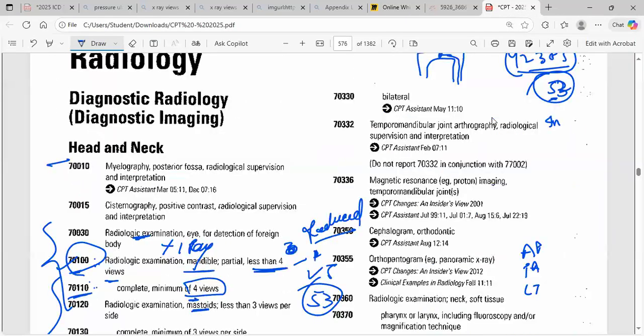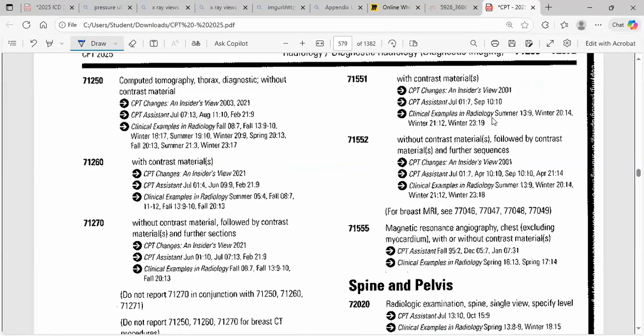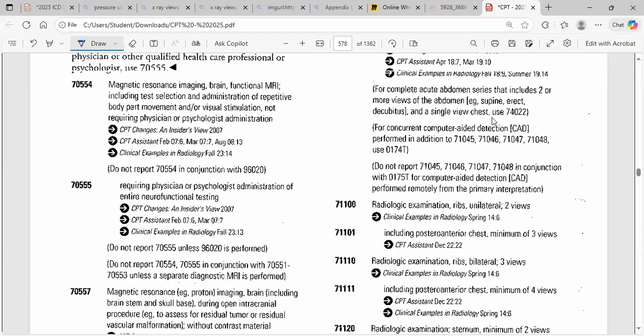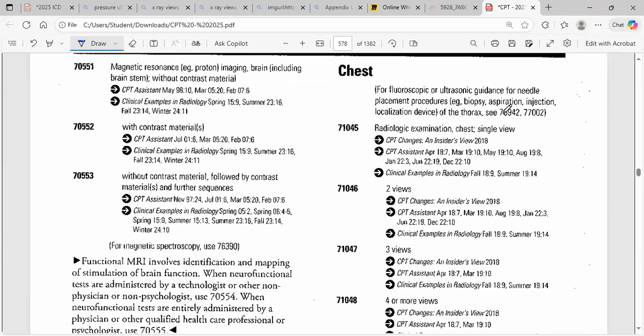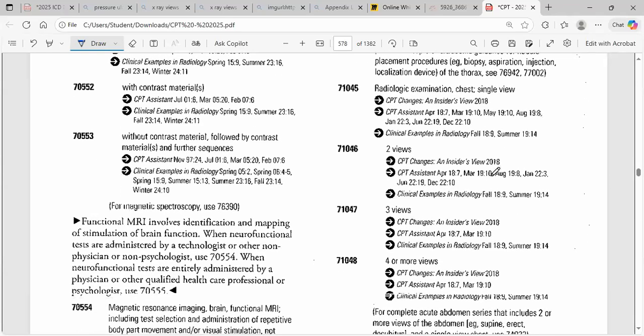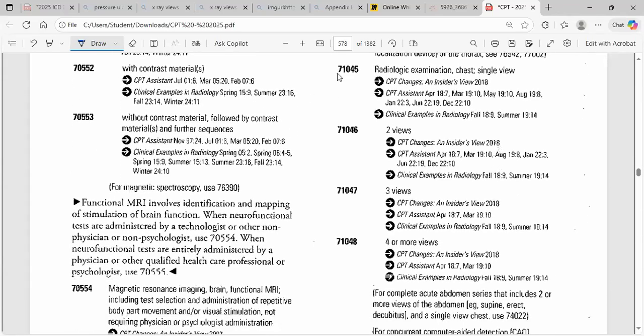So I'm going to pull up those codes. We have these two codes here. In our documentation, it was mentioned that these two views, PA and lateral, were done.